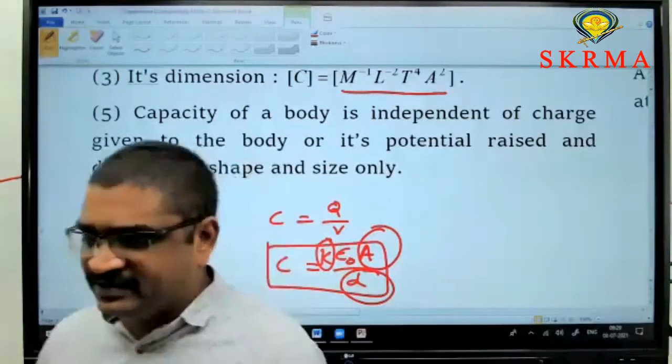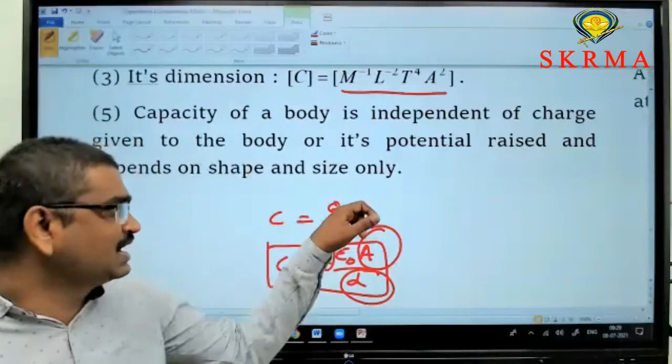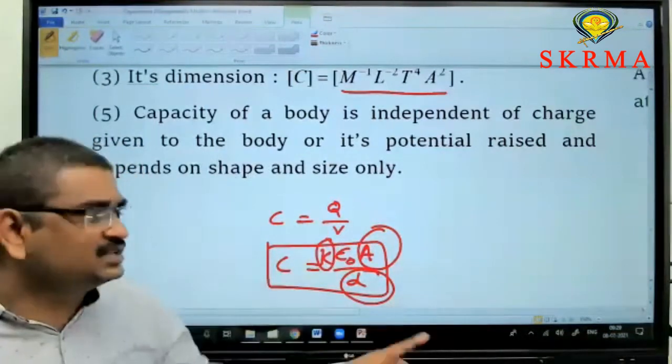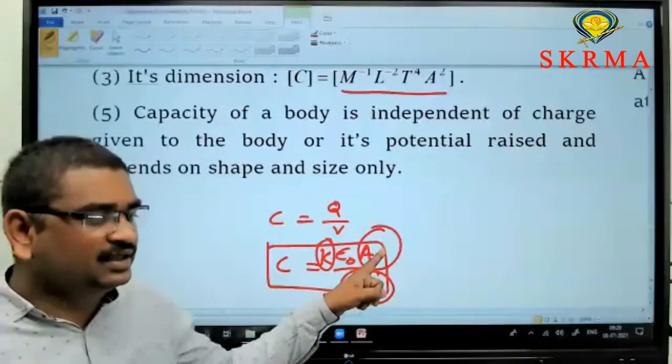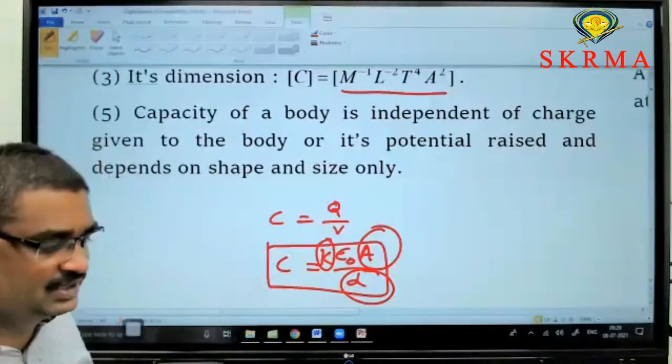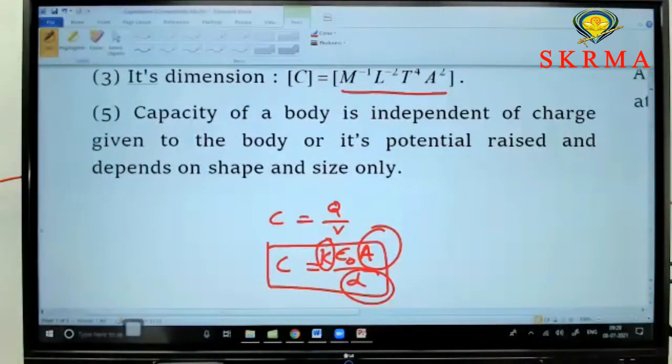So capacitance of a capacitor is independent of charge and voltage, but it depends on medium, area, and separation between the plates. So this is about dependency.